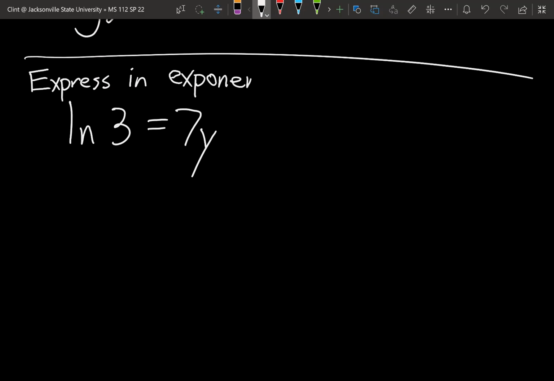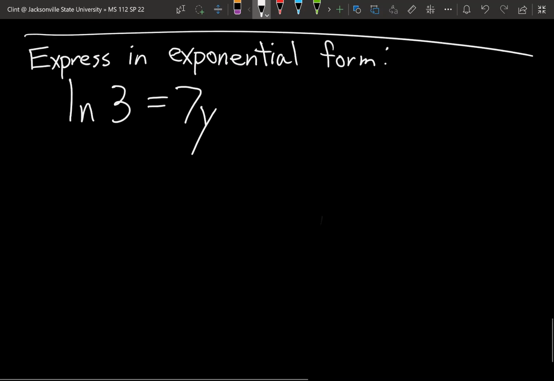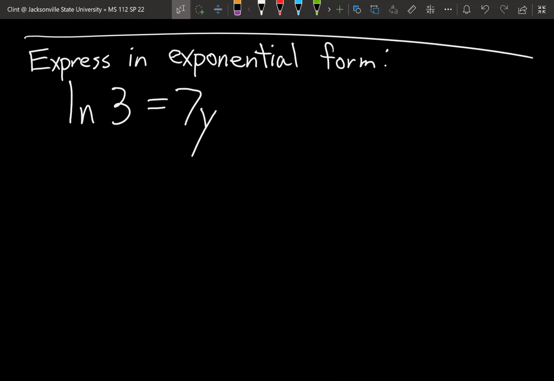So we want to rewrite it as an exponential equation. So in order to write it as an exponential, we want to write the base to some power equals some number.